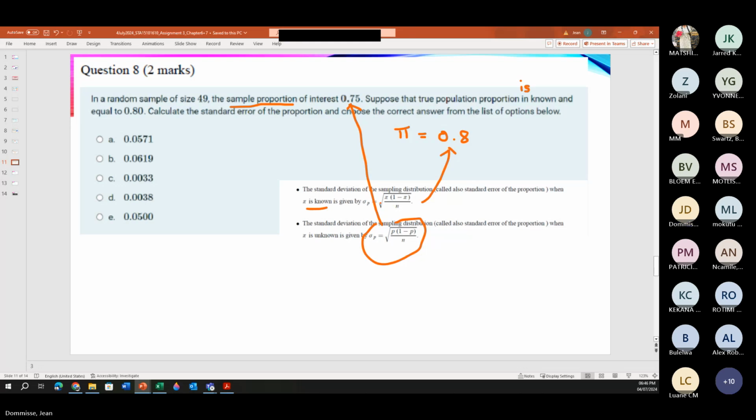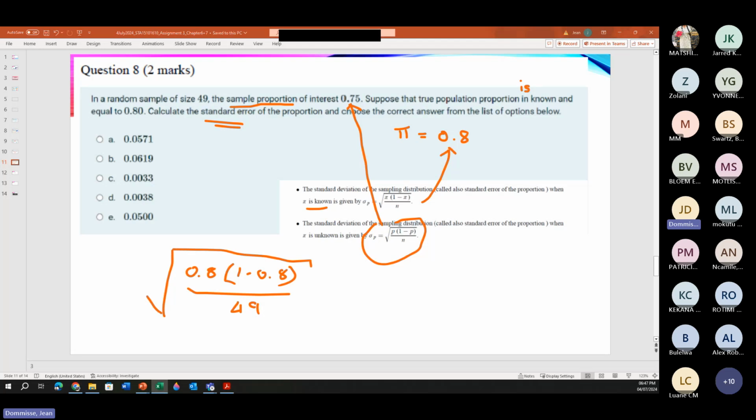So we need to use the formula for the proportion that is known. So that's 0.8 times 1 minus 0.8, divided by the sample size, which is 49, and then we take the square root of that.